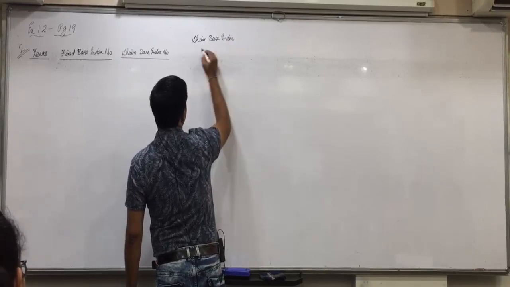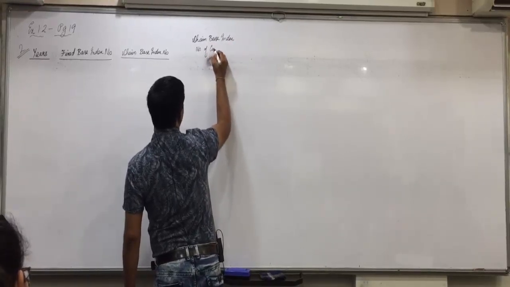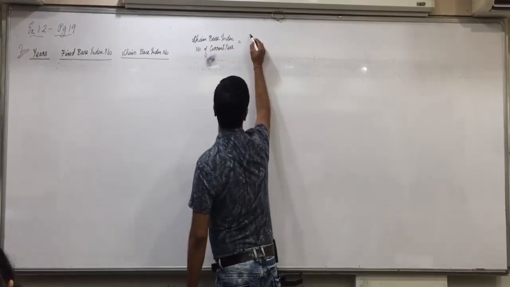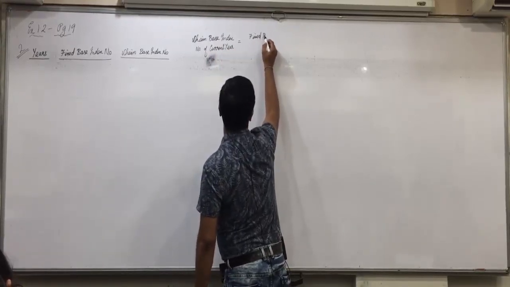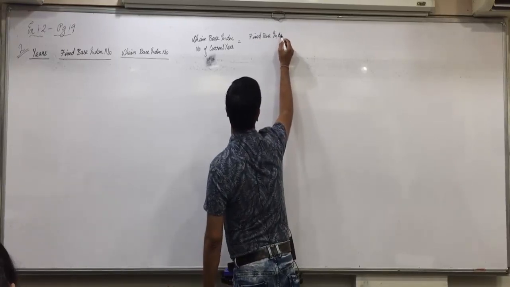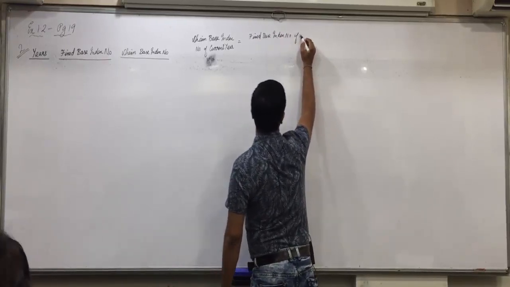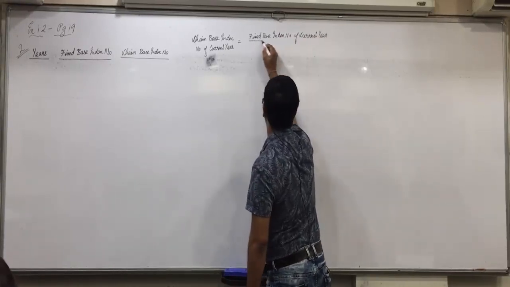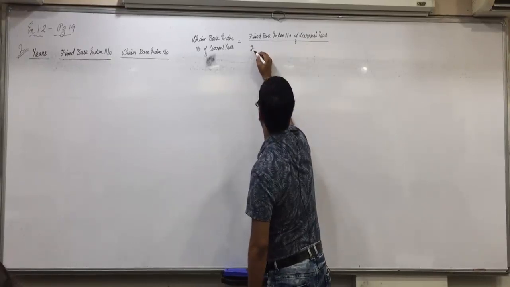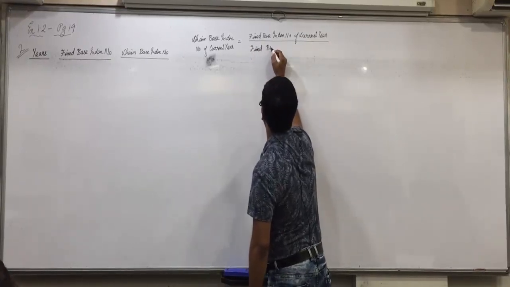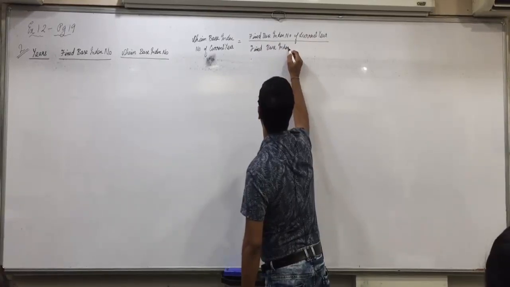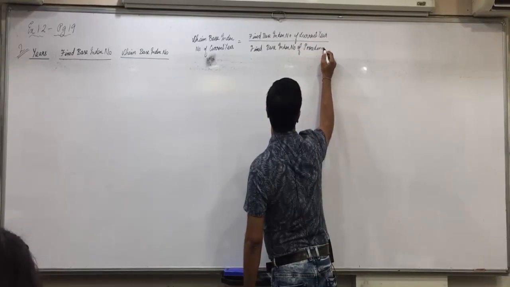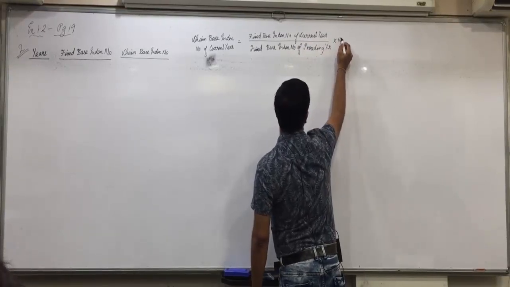Chain base index number of current year is equal to fixed base index number of current year divided by fixed base index number of preceding year, multiplied with 100. Compulsory.